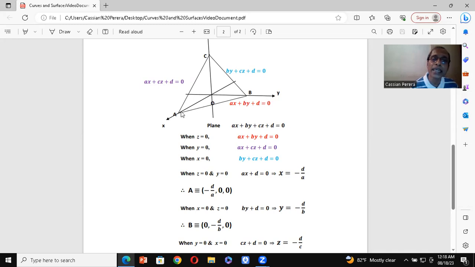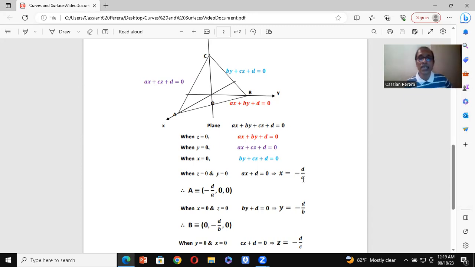What is the y coordinate of A? As it is on the x-axis, the y coordinate is 0. If you substitute y equals 0 in this equation, ax plus by plus d equals 0, we get ax plus d equals 0, then x equals minus d upon a.